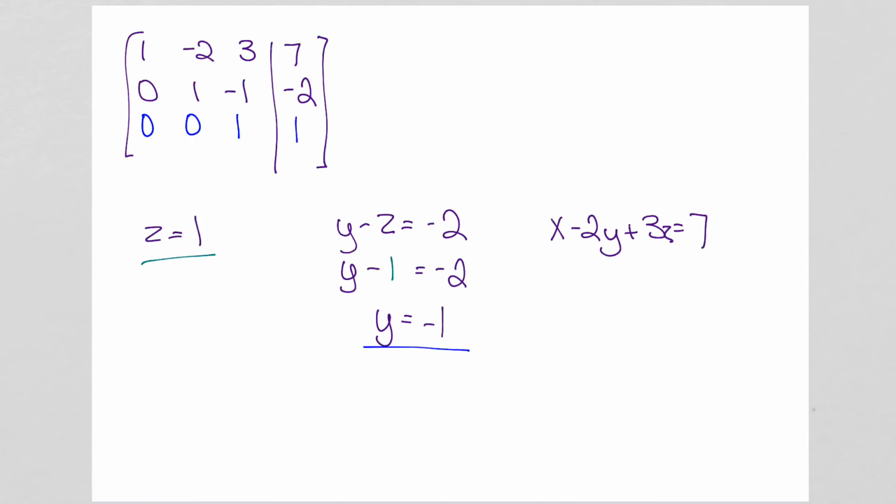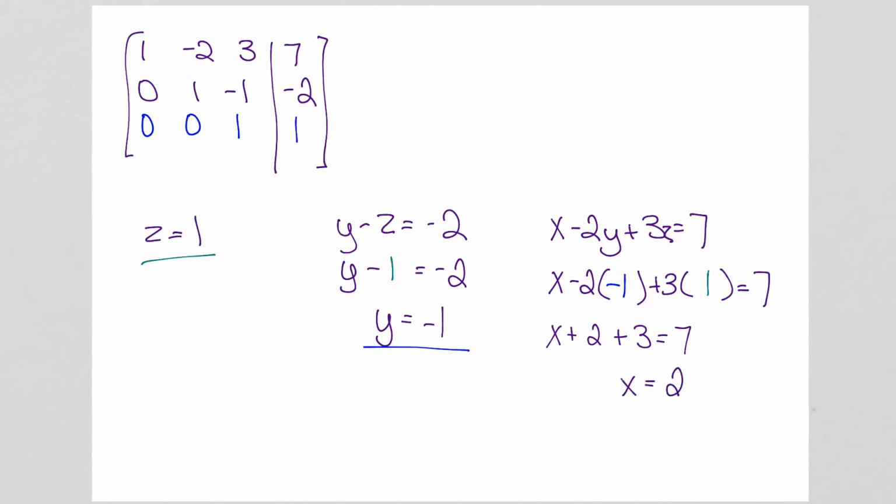And if y is negative 1, then x minus 2 times negative 1 plus 3 times z, which was 1, equals 7. Which we can simplify. x plus 2 plus 3 equals 7. So x is 2.